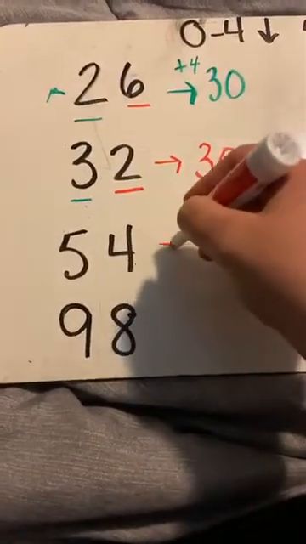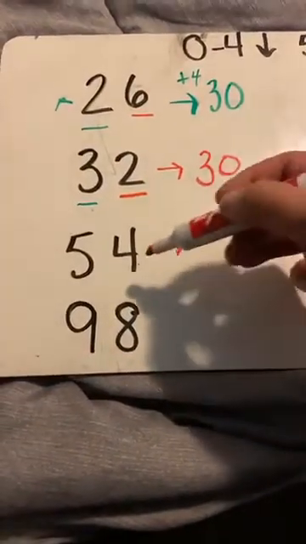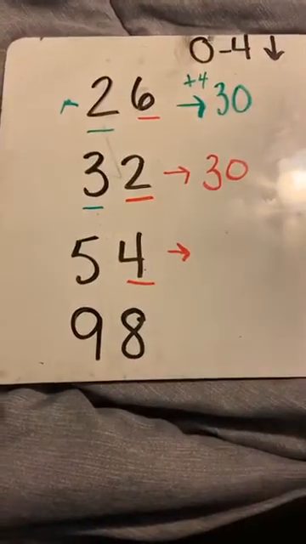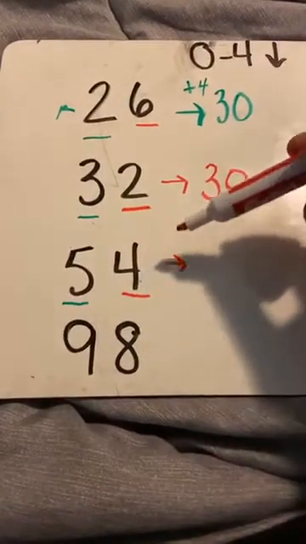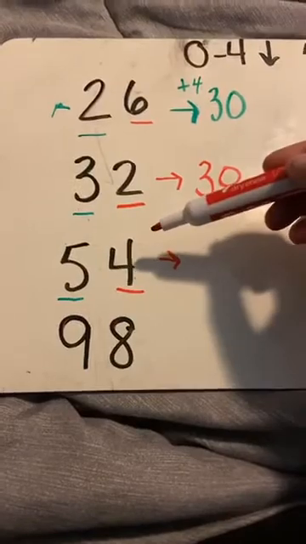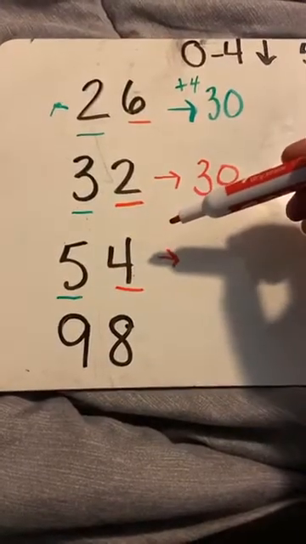Let's look at this one. 54. How many ones do I have? You're right, I have 4. How many 10s do I have? You're right, I have 5. So that makes me the number 54. So I have to see, is 54 closest to 50 or is it closest to 60?